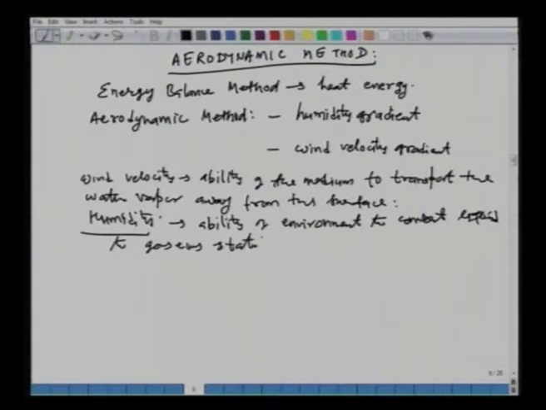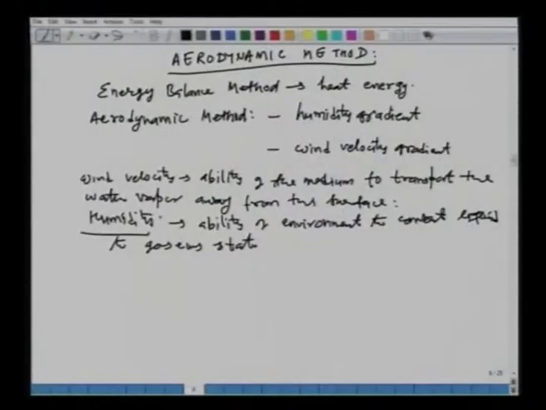We assume that enough heat energy is available. Given the condition that you have the heat, how much will be the conversion from liquid to gas will depend upon the humidity which is existing in the environment or in the atmosphere. So, these are the two factors on which we would base our aerodynamic method.